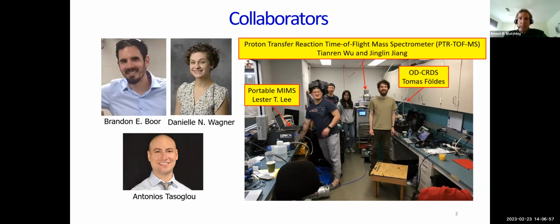And then last and certainly not least, on the right is Thomas Fuldis, who developed a device called an online derivatization cavity ring down spectrometer, or ODCRDS. This is a really cool device that allows for real-time measurements of gas phase trichloramine. It's a unique instrument, and we were very fortunate to have access to it and Thomas for some of the experiments that I'll describe here.